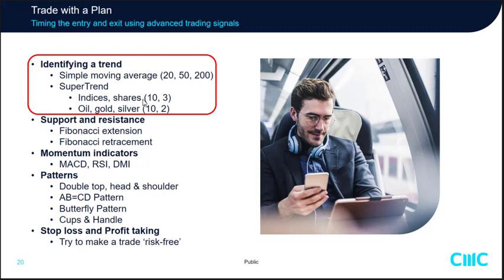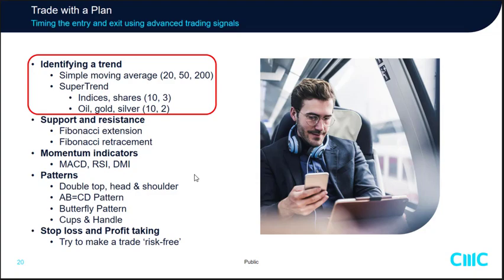What we need to do is set up the parameters for SuperTrend according to different asset classes. The rule of thumb is that for indices and shares, we use the default setting of 10 and 3. Whereas for commodities like crude oil, gold, and silver, we can adjust the parameter to 10 and 2 because they have different dynamics from equities trading.